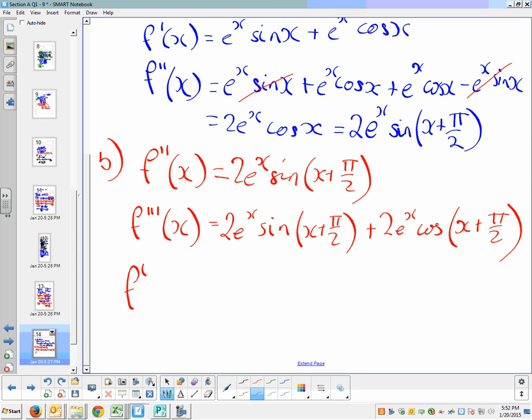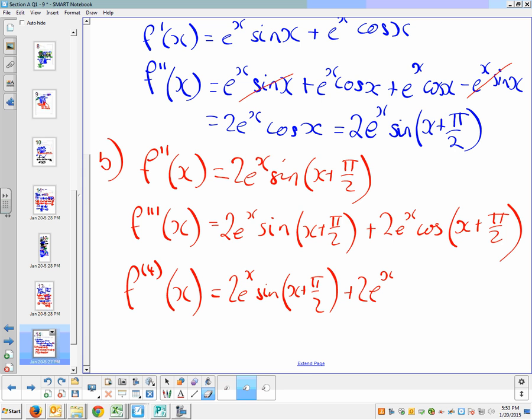And f4 of x is equal to 2 e to the x sine of x plus pi by 2 plus 2 e to the x cos of x plus pi by 2, like I said, following exactly the same pattern as before, plus 2 e to the x cos.